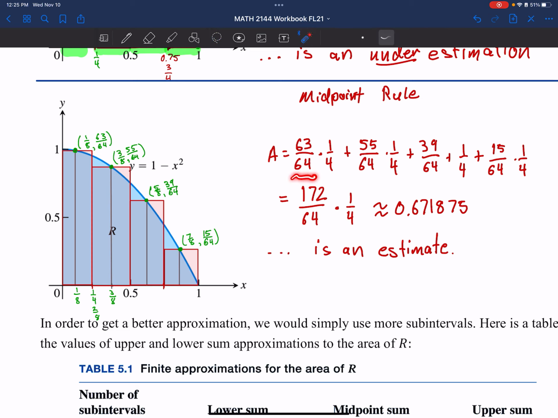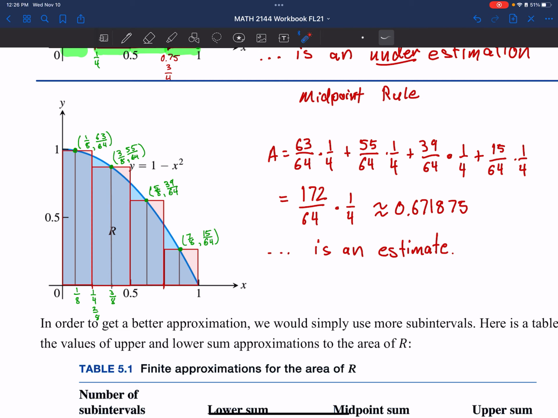So 63 over 64 times 1/4, 55 over 64 times 1/4. A little typo right here. That should be 39/64 times 1/4. And then the last one is 15/64 times 1/4. You could actually even factor out the 1/4.